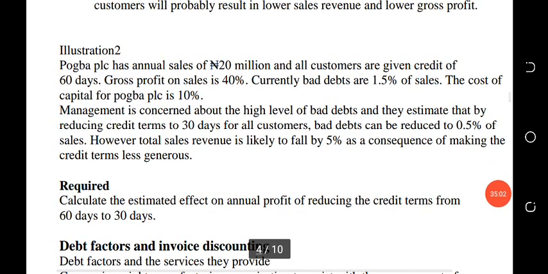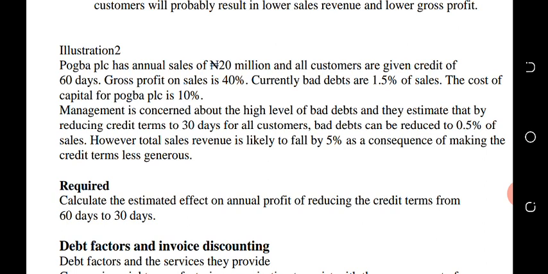Pogba PLC has annual sales of 20 million naira, and all customers are given credit of 60 days. Gross profit on sales is 40%. Currently, bad debts are 1.5% of sales. The cost of capital for Pogba PLC is 10%.